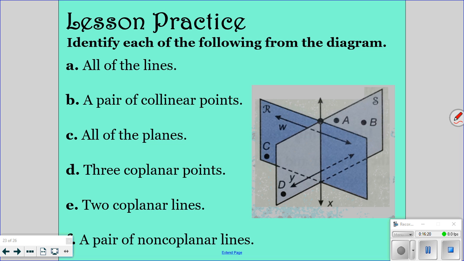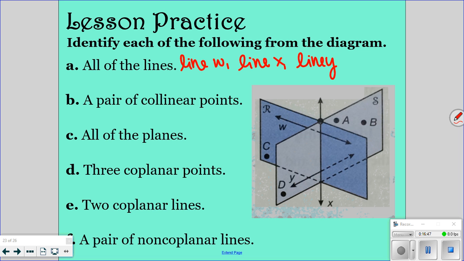So it wants us to identify all of the lines. There's line W, there is line X, and there is line Y. Those are the 3 lines that are drawn. Line W, line X is going vertically, and then line Y. It says a pair of collinear points.